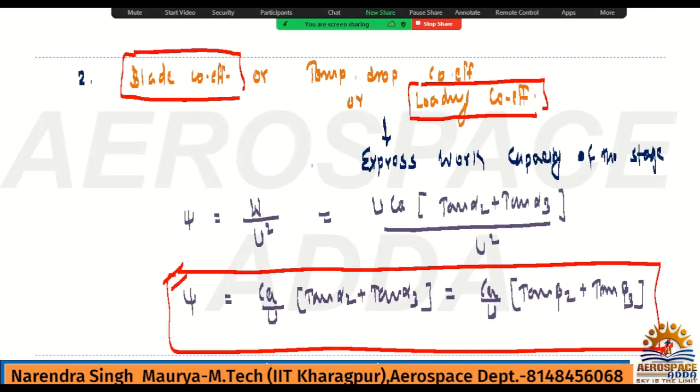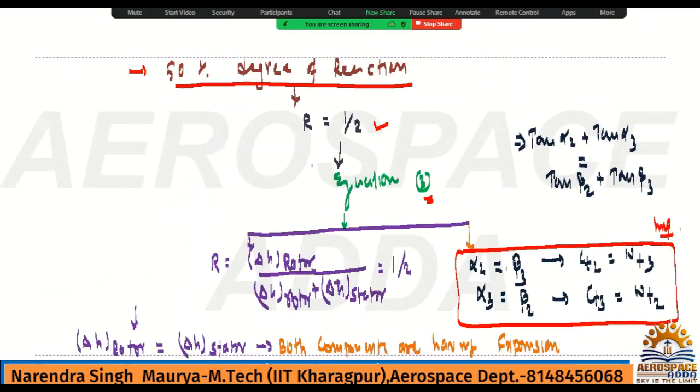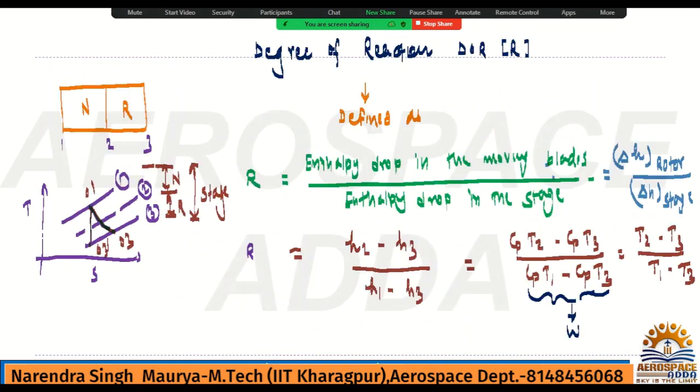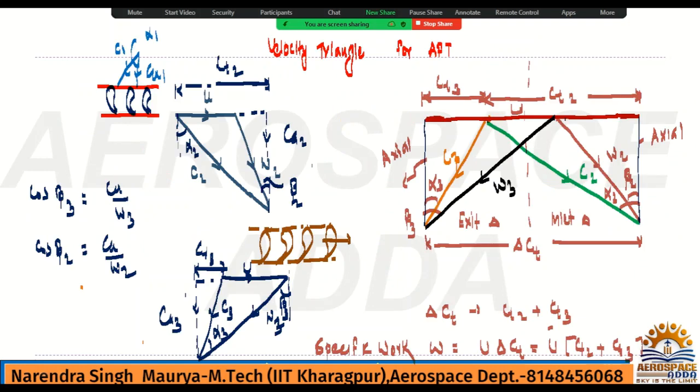In last class I had drawn one more triangle, and both triangles will help you. For this triangle, what will be the angle in front? It will be u divided by sine of alpha 2 minus beta 2, and where is C2? This is C2 here.